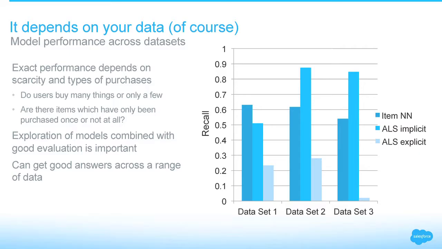But basically, I've run the models on 3 different data sets here. So I think one of the data sets, data set 2, I can't remember, one of the data sets is much bigger than the other 2, and one of the data sets is basically much sparser, so it has a lot more items that are infrequently purchased.